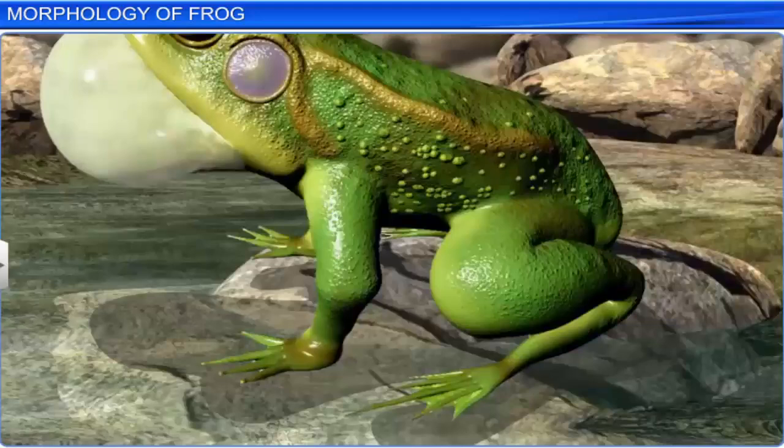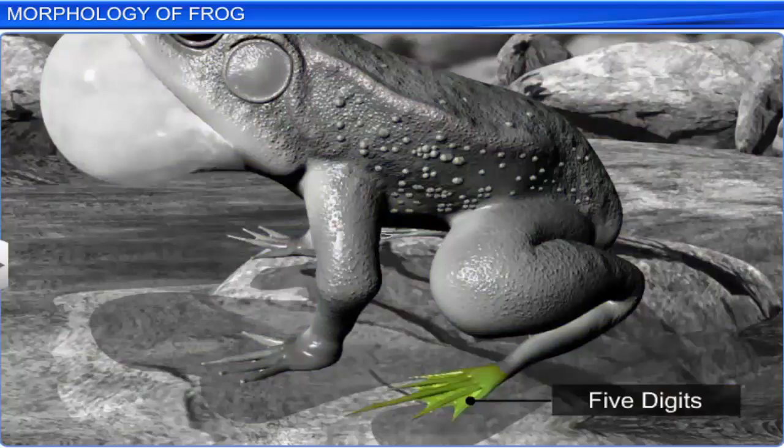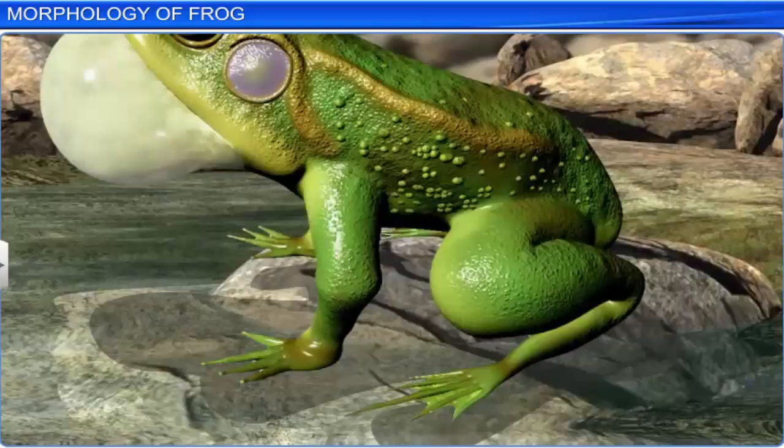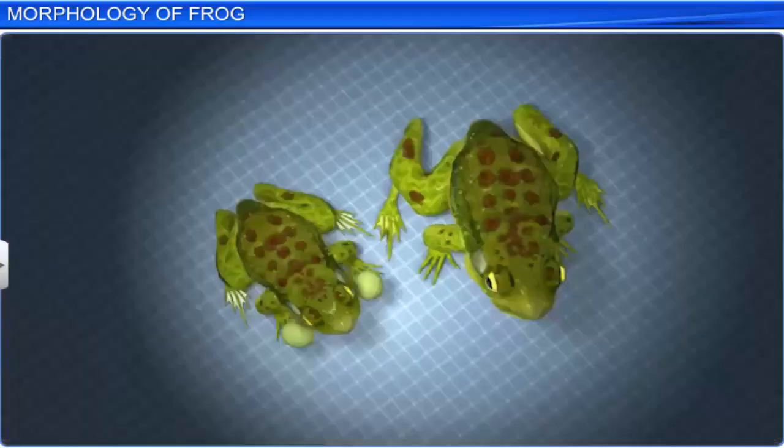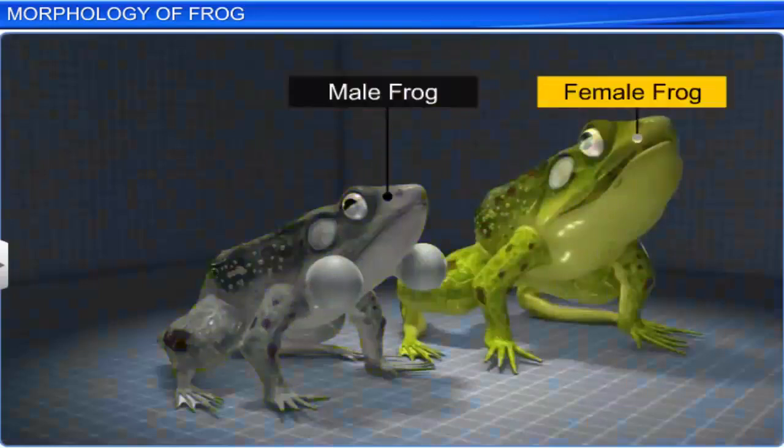The hind limbs have 5 digits and are larger and muscular than the forelimbs, which have 4 digits. Moreover, the long digits of the hind limbs are connected by a web that helps to swim. In frogs, the sexes are separate, and certain features help to easily distinguish between a male and a female frog.